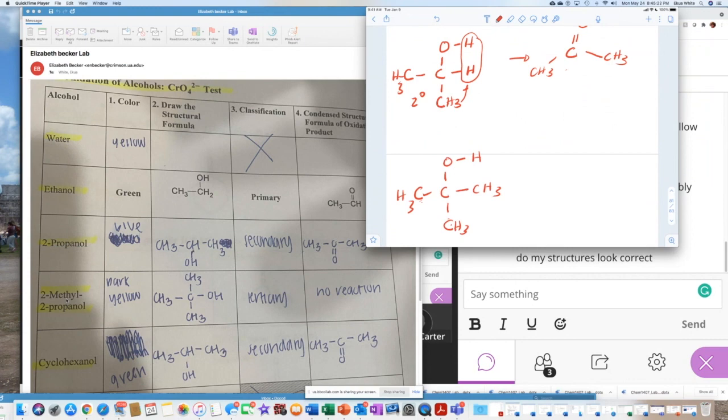See here? I normally have my H here to be able to oxidize. No matter how I draw it, I need an H here to oxidize. I don't, so there's going to be no oxidation. So it should remain in yellow. Do you have anything in yellow? Yeah, yellow. See that? Your answers make sense. I just think you were just nervous about it.